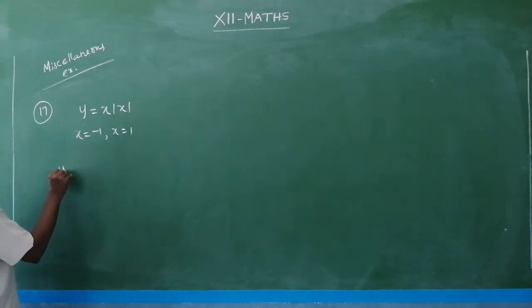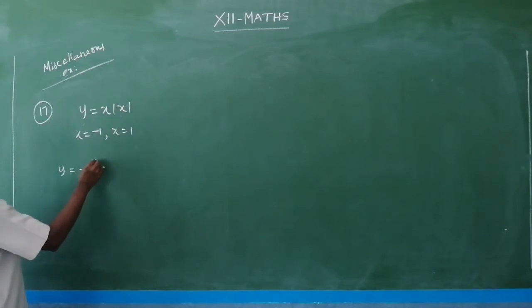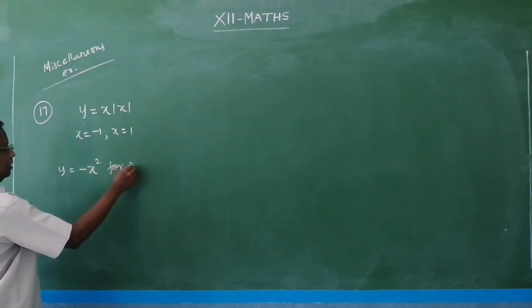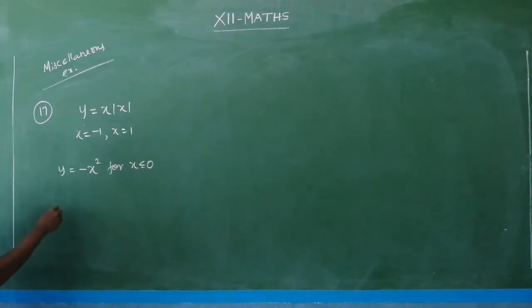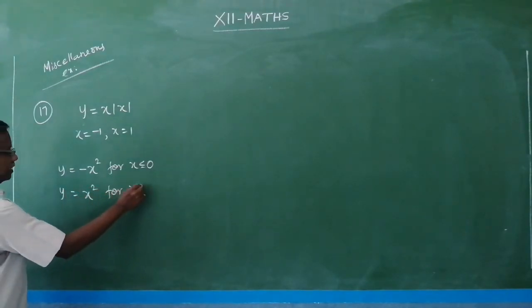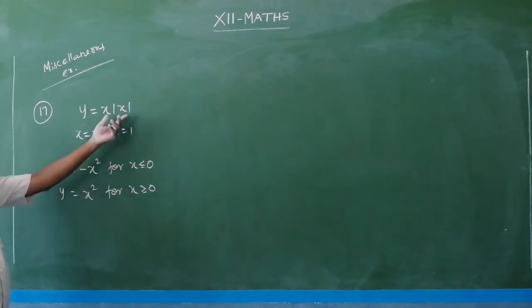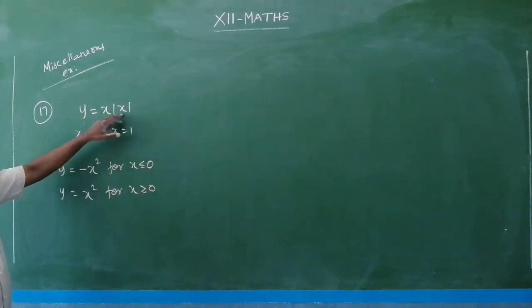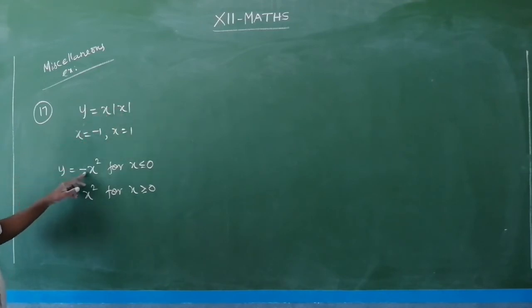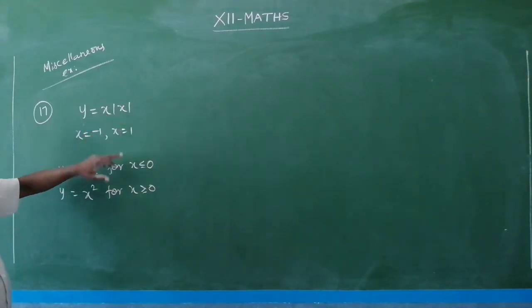Therefore, y equal to minus x square for x less than or equal to 0, and y equal to x square for x greater than or equal to 0. Because here, for the negative value of modulus, we have to put a minus, so x into minus x is minus x square. Again when x is greater than 0, it is positive.